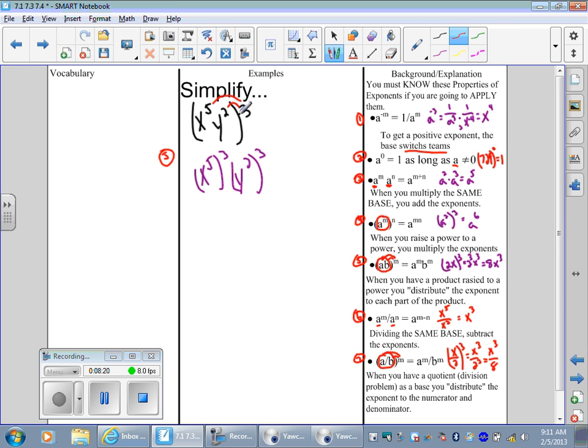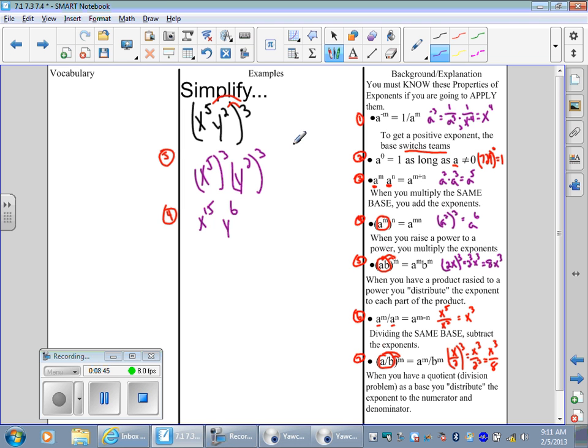But I'm not done yet, because now I need to apply property 4, which tells me to multiply the exponents when I'm raising a power to a power. So what do I get? Well, x to the fifth cubed is going to be x to the 15th. And y squared cubed is going to be y to the 6th.